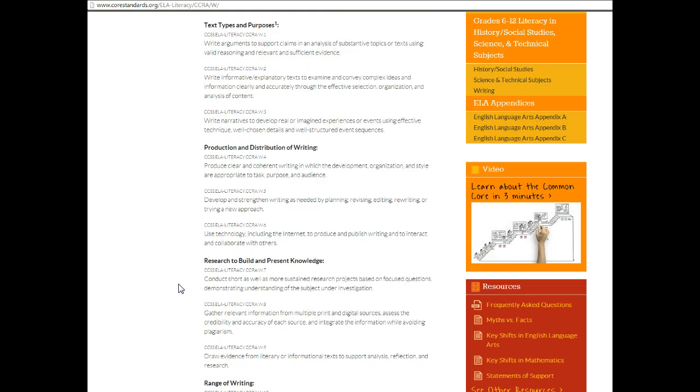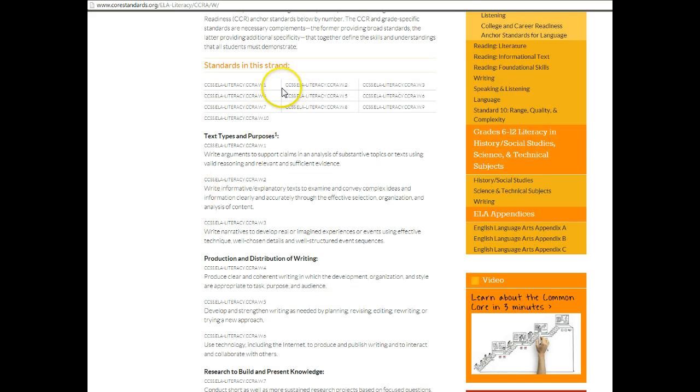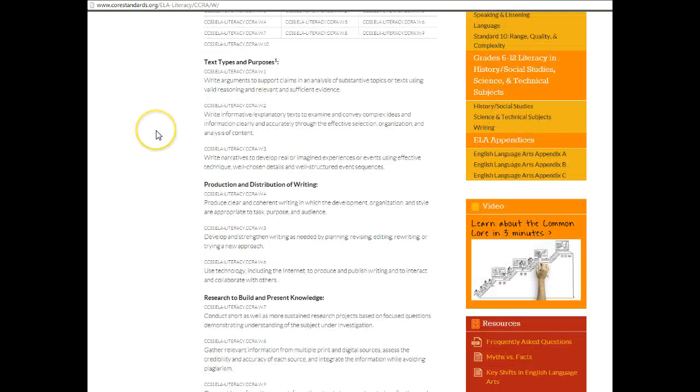These 4 strands are common to all grade levels, and all these anchor standards, 1, 2, 3, all the way to 10, are common to all grade levels from kindergarten all the way through 12th grade. To see the specific grade level, you would need to click on there. But first, let's take a look at the strands.